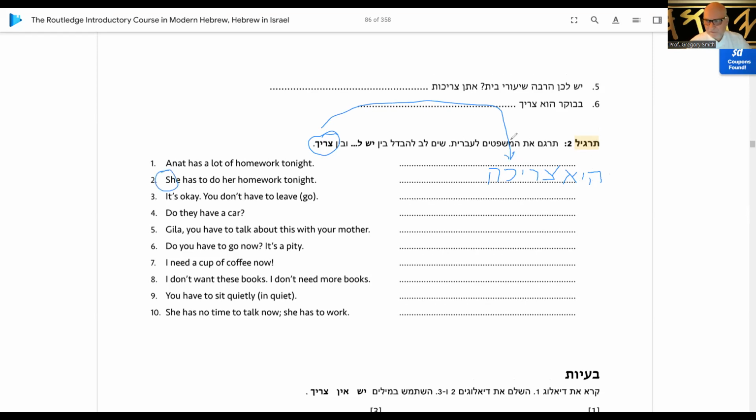So it's not going to use Zarikh, it's going to be Zarikha, which means she needs. She needs. And then to do. Now on Google Translate, they use lahihon, but I don't think that's what they're using on this because I haven't seen that used yet at this point.